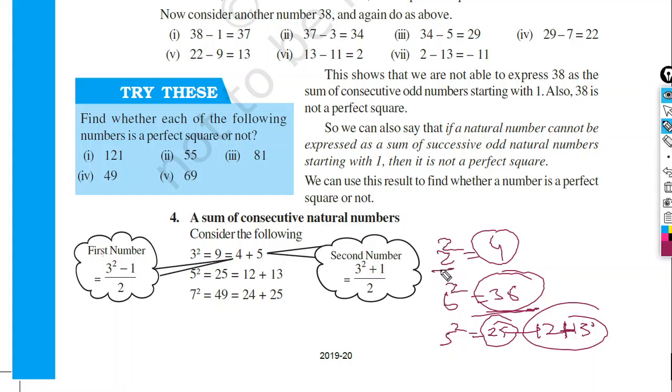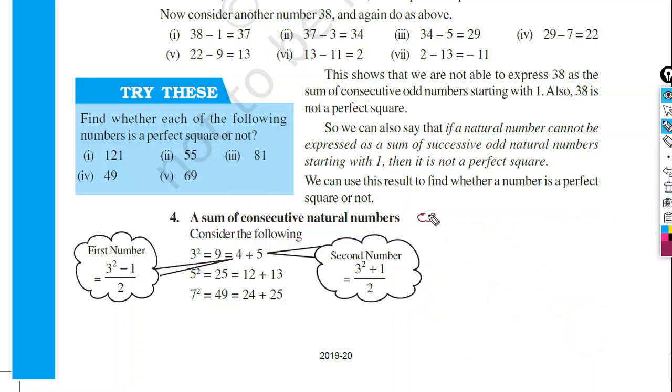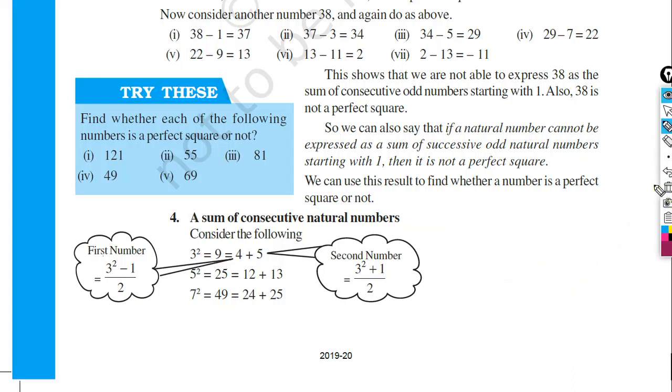Even numbers, you see 2 square, 6 square, we can't express as a sum of consecutive natural numbers. Only the square of odd numbers can be expressed as a sum of consecutive natural numbers. Okay? Square of odd numbers.